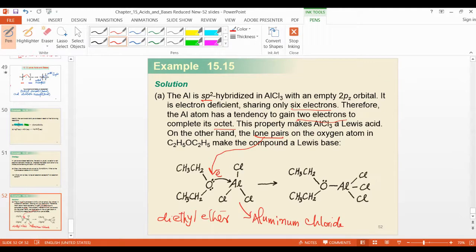That makes the compound a Lewis base. So this is the definition of Lewis acid and Lewis base. Anything not clear, please ask me now. This is finished now.